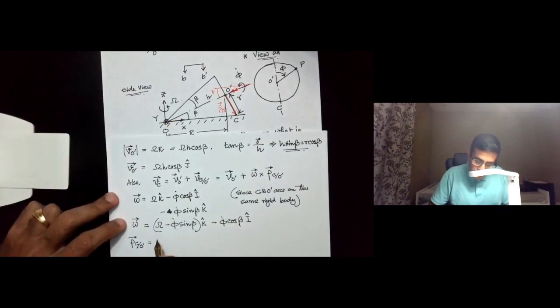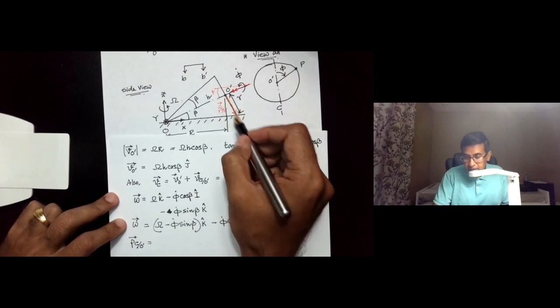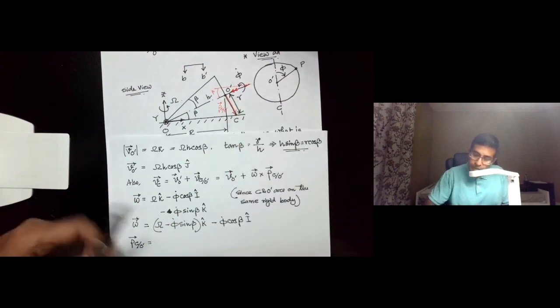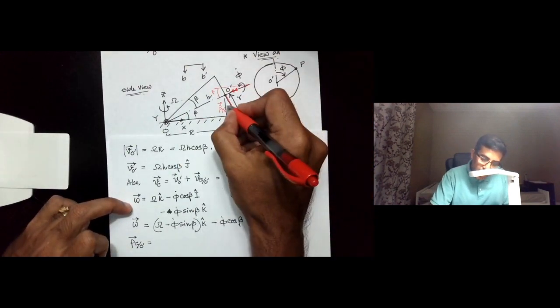So rho c with respect to O prime, firstly the magnitude is a small r, and then if the angle of the cone is beta, then this angle is beta.